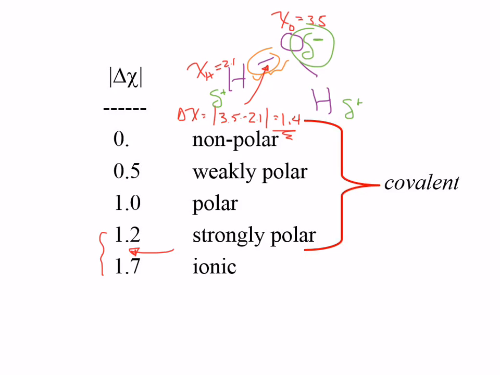I'll try to prove this to you, probably not till Friday, but the polarities of the individual bonds cancel each other out, so the molecule is non-polar. It's a cool thing. As it turns out, water is polar just because of its shape. But that is bond polarity.